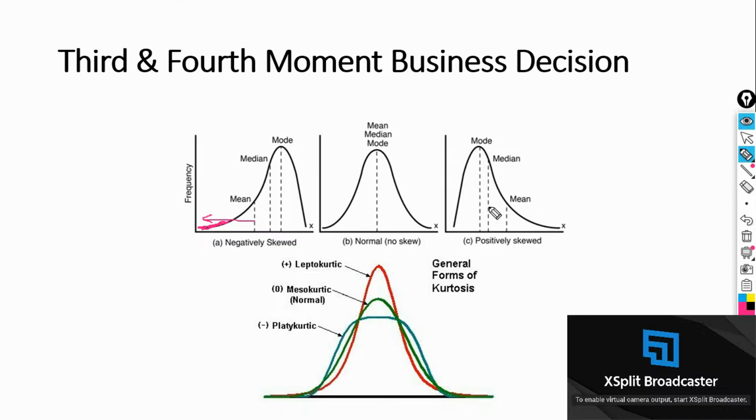In the same way, I have outliers towards my right hand side, so the mean is getting pulled towards the right hand side. The long tail is representing your outliers. There might be outliers in the data, and these outliers are pulling the mean towards them.